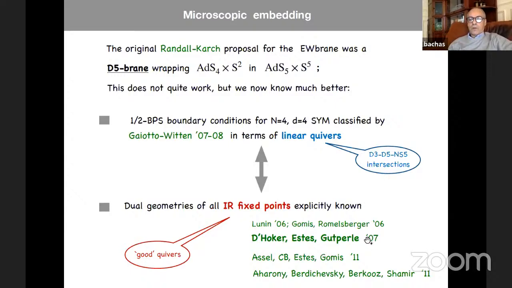So the local form was actually worked out in a very nice set of papers by D'Hoker, Estes, and Gutperle. And the global constraints and the relation also to BCFT was worked out in these papers a little later by 2 groups.